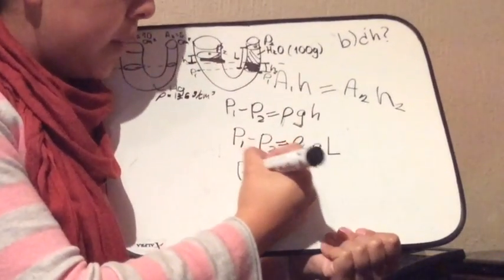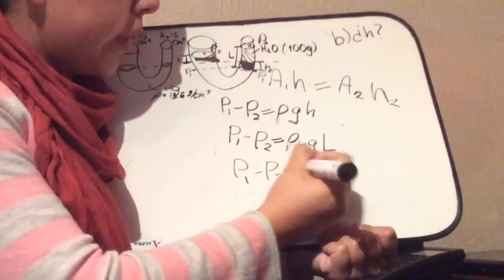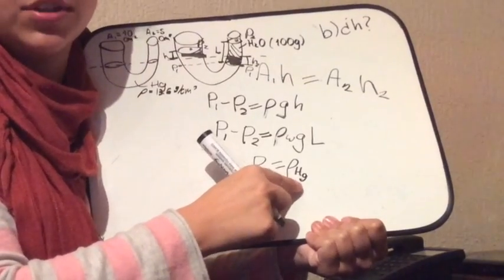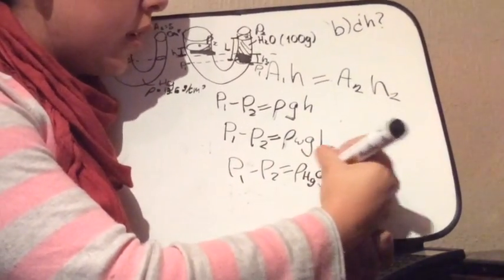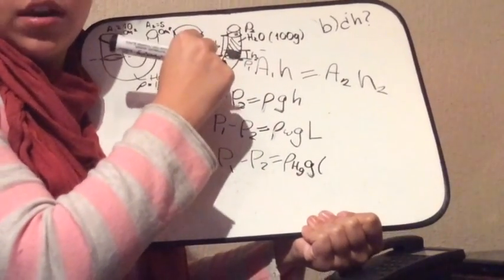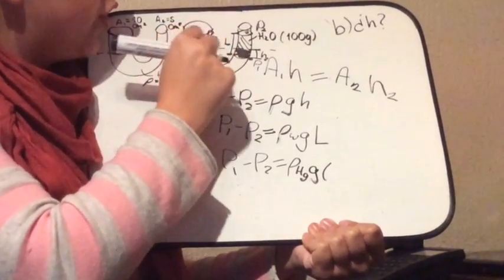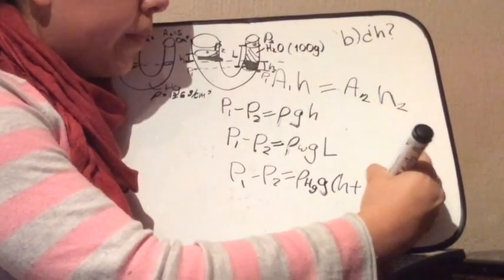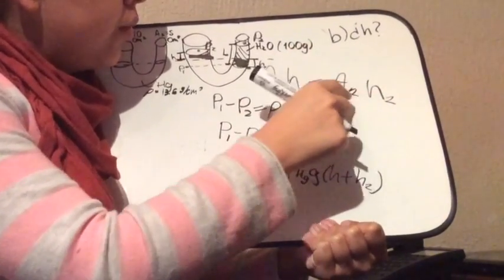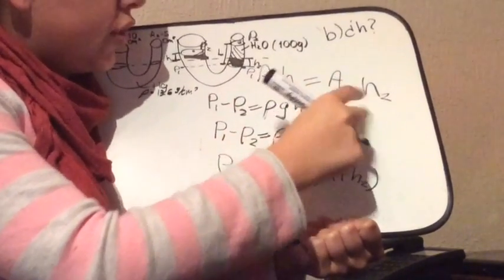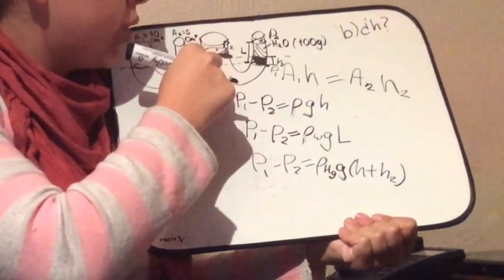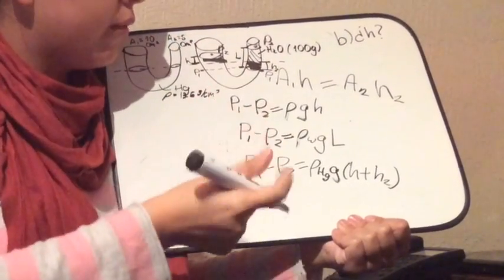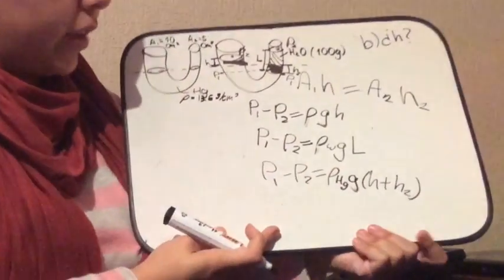And in this other case, P1 minus P2 should equal the density, but this time of mercury, which chemical symbol is this, times gravity times this difference right here, which is h plus h2, which is marked by these lines, right? So h plus h2. But from this, we know that h2 equals A1 times h divided by A2. So as we know that the pressure here is equal to this one, and the pressure here is equal to this one, we can infer that these two should be equal as well.